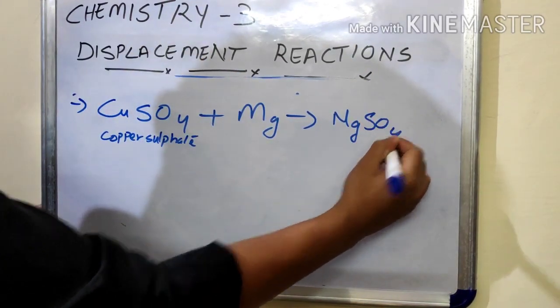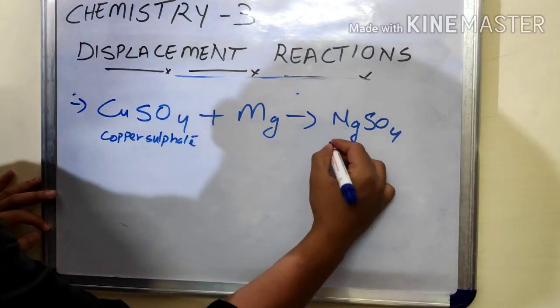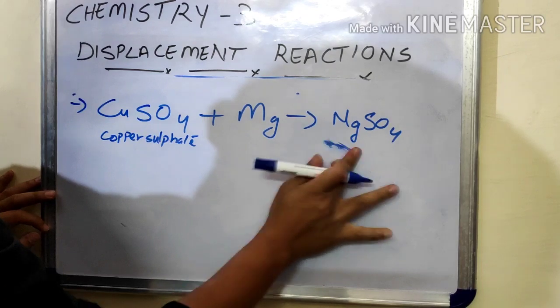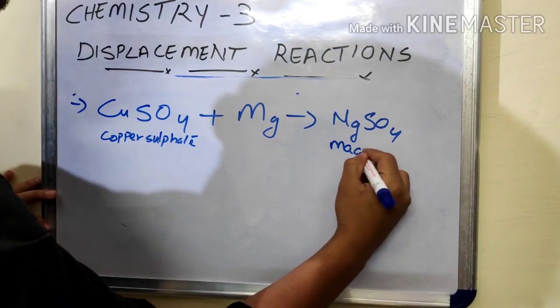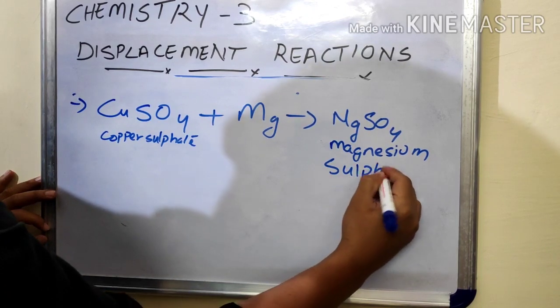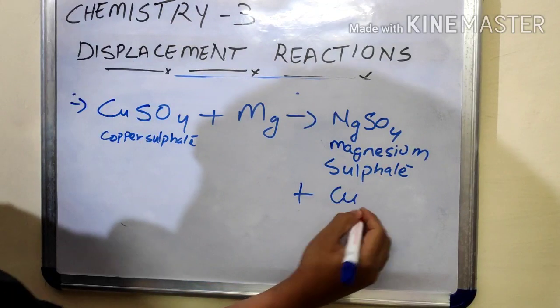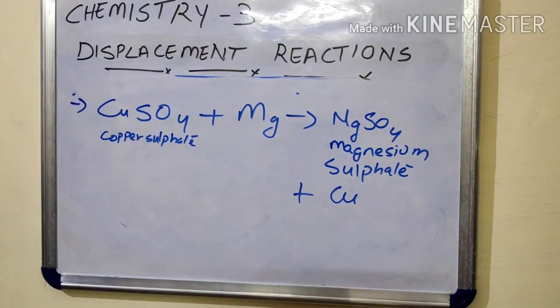So MgSO4. This is again magnesium sulfate, plus copper. Another example of displacement reaction.